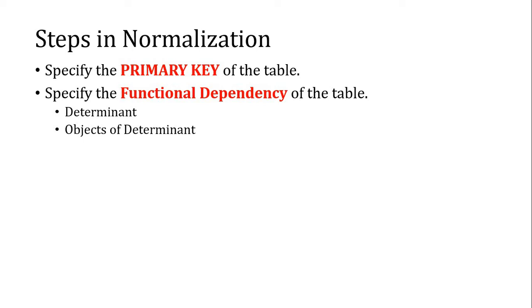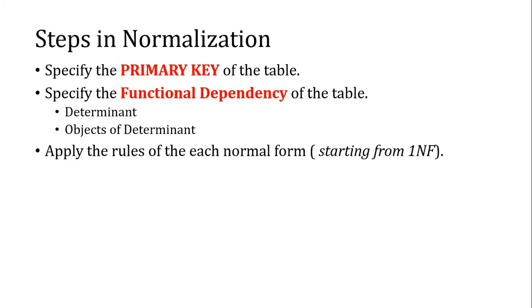You have to know which attributes are the determinants and which attributes are the objects of determinants, because in the last class, in the last slide, we learned that determinants control the attributes which are the objects of determinants.